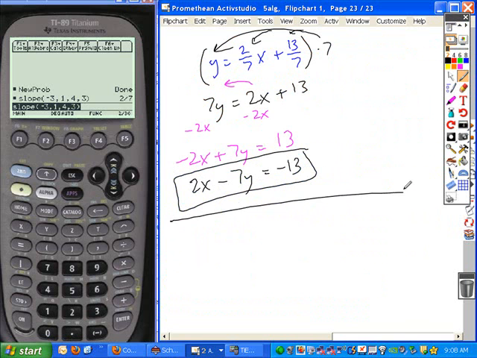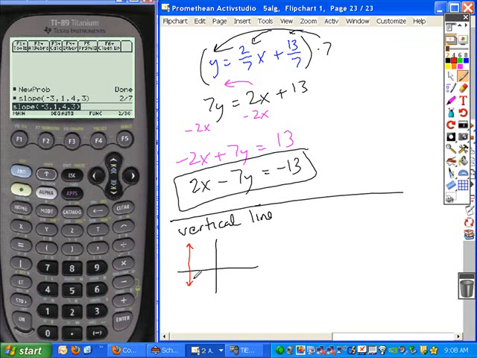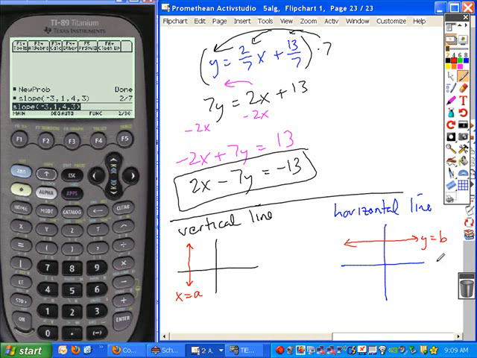Okay, with a vertical line, what coordinate never changes? X. So the general form for a vertical line is going to be the pattern x equals a. For a horizontal line, what coordinate never changes? Y. So the general form for that is just y equals b.